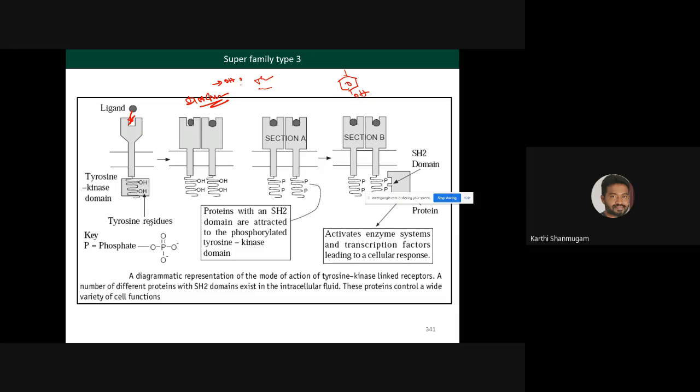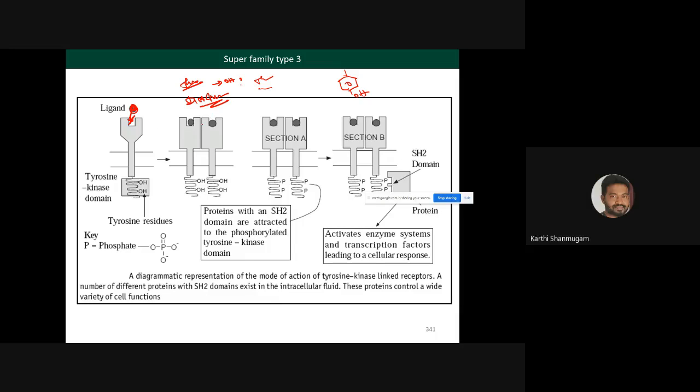What is meant by dimerization? The single unit of the protein is converted into two units joined together. Dimer is two, monomer is one. One monomer unit, because of the binding of the ligand molecule, is converted into dimeric form. Is it understandable?